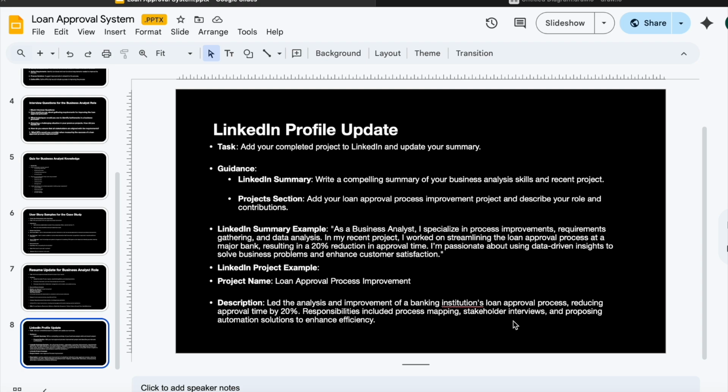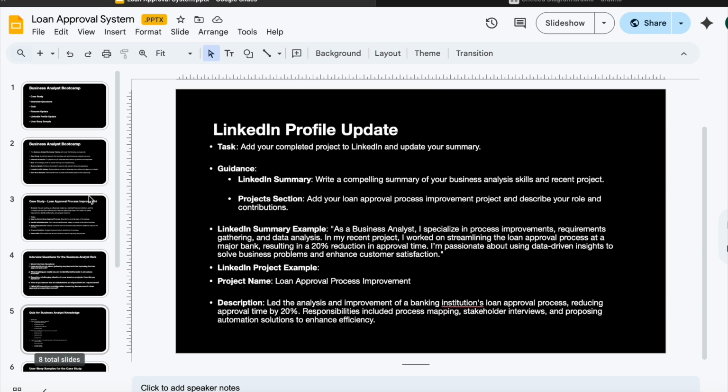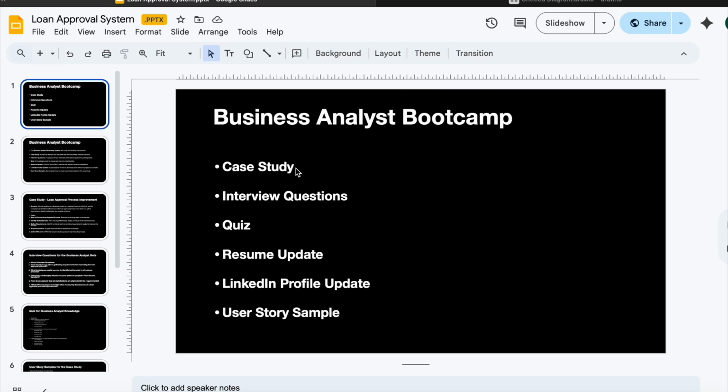Just to recap, these are the things we covered from this case study, which is improving the loan approval system. We covered interview questions, resume update, the LinkedIn profile update, and a few user story samples based on this case study.